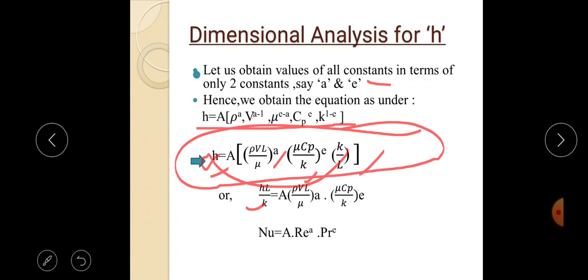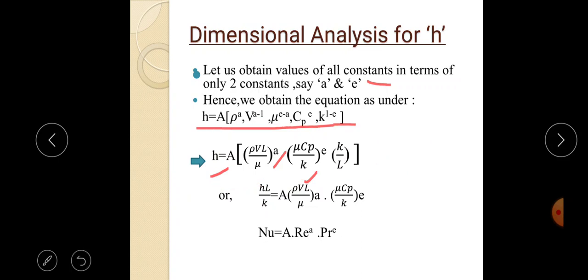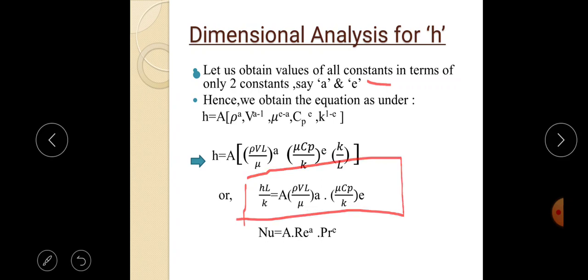So what we did, we expressed all the variables in terms of only two variables, a and e, and then we have arranged, and at last, after arrangement, we get this equation: hL by k equals A rho v L divided by mu raised to a, mu Cp by k raised to e.